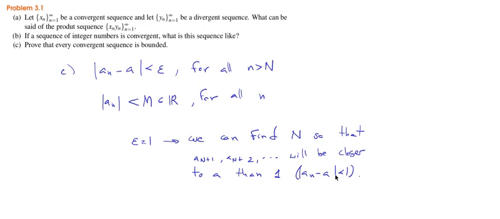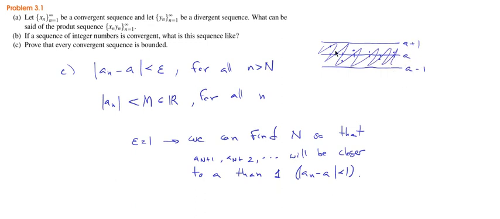So now we know that for all these values there's a bound. You have a, and this is a plus 1, and this is a minus 1. We know that all these points have to be in this area; they can't leave.